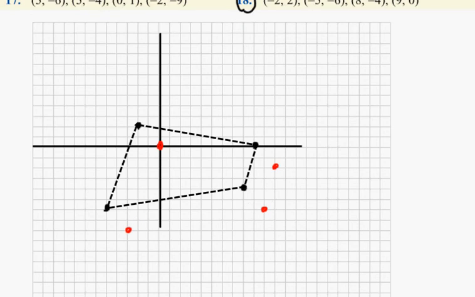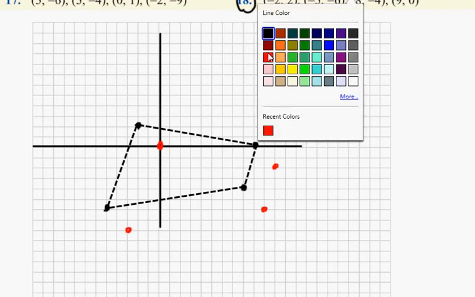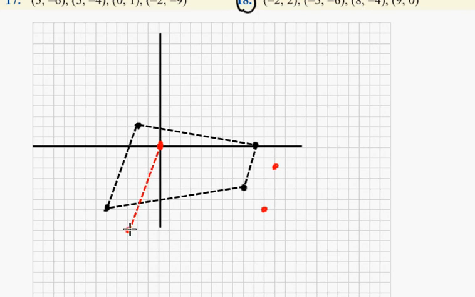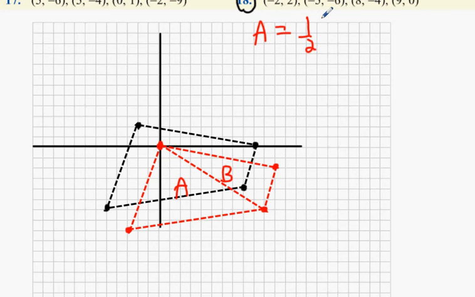And what we've created now is a red quadrilateral, which is exactly the same size as the black quadrilateral. Now, we're going to divide that up diagonally into 2 triangles: triangle A followed by triangle B. Like last time, the area is a half x1 y2 minus x2 y1, found in your notes.